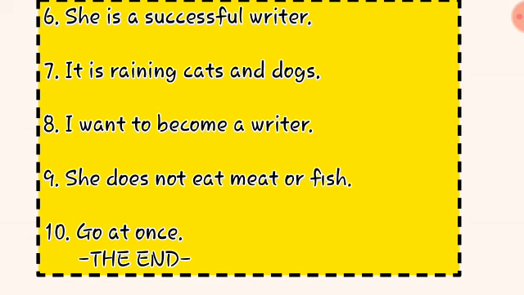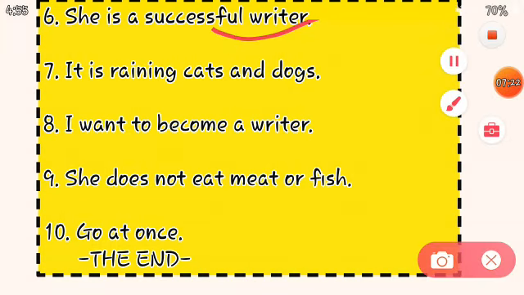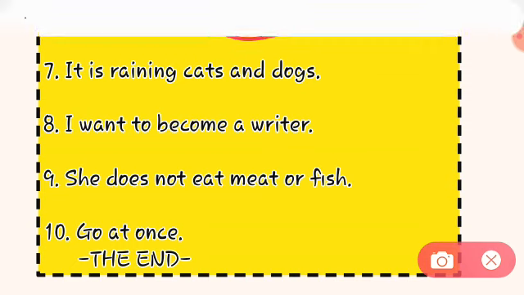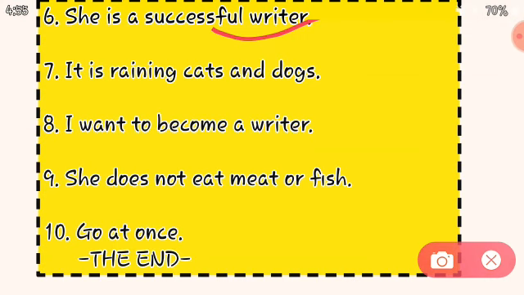Next, friends, she is a successful writer. The sentence ends in a full stop and is an information or a complete statement. An information or a complete statement is always a declarative sentence, so it is a declarative sentence. Next is, it is raining cats and dogs.